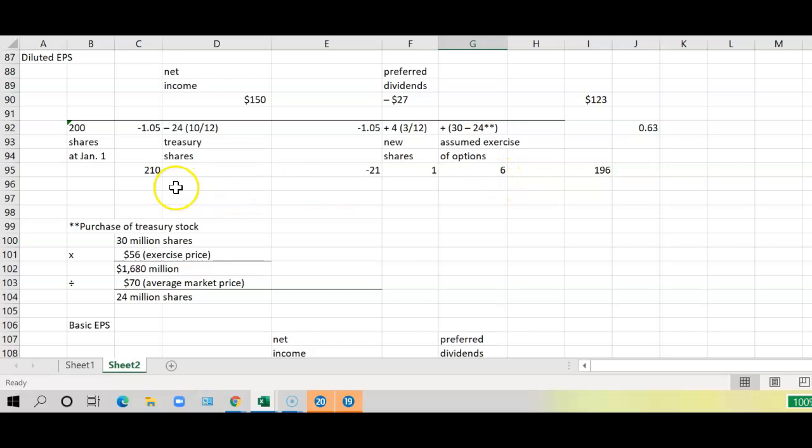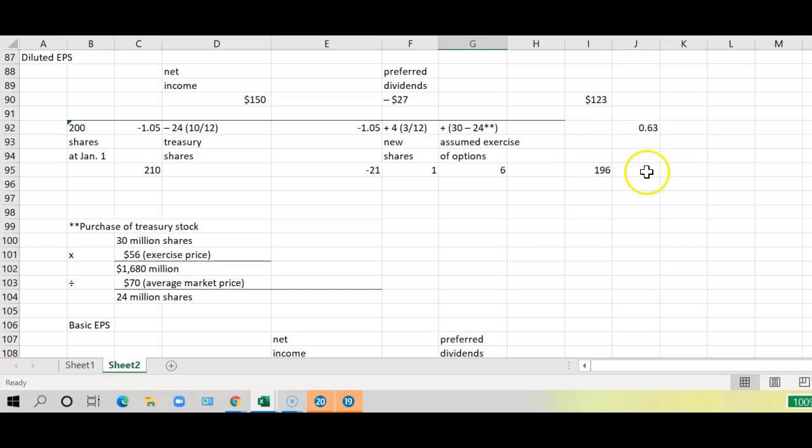So if you take 210 minus 21 plus the 1 million and the assumed option exercise of the stock options on January 1, that is 196 million shares outstanding. So it would be the 123 million divided by the 196 million.